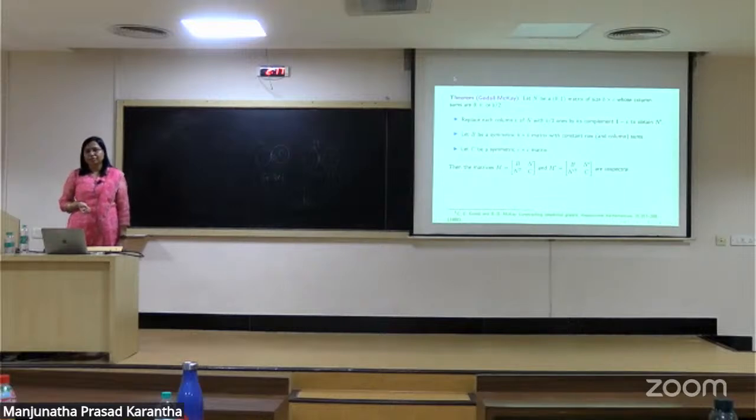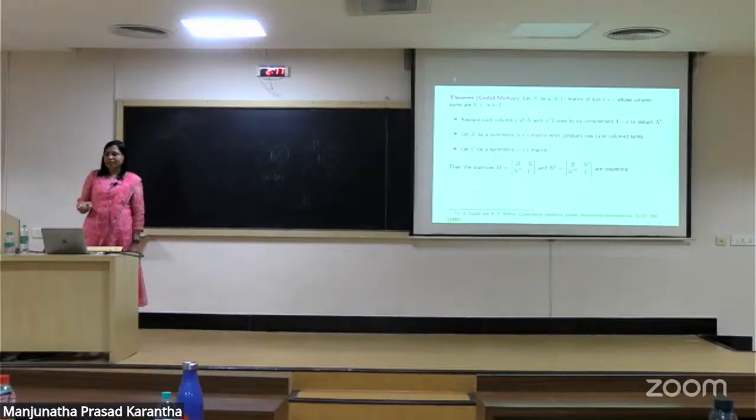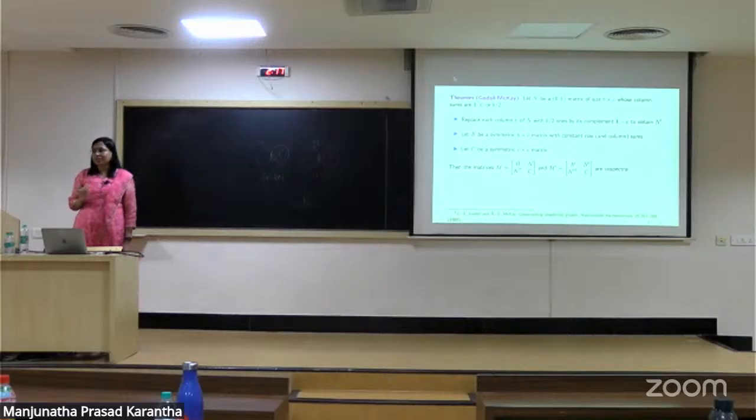Once you have that matrix, then you take another matrix which is a symmetric matrix of size B cross B. That's a 0, 1 symmetric one. That can be taken as the adjacency matrix of some graph. So you will take a matrix B, a symmetric matrix, but the condition is it should have constant row and column count.